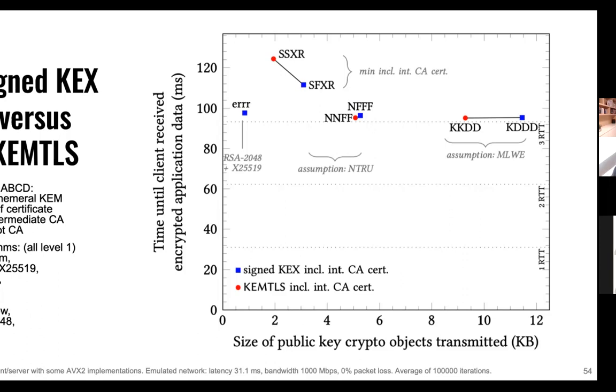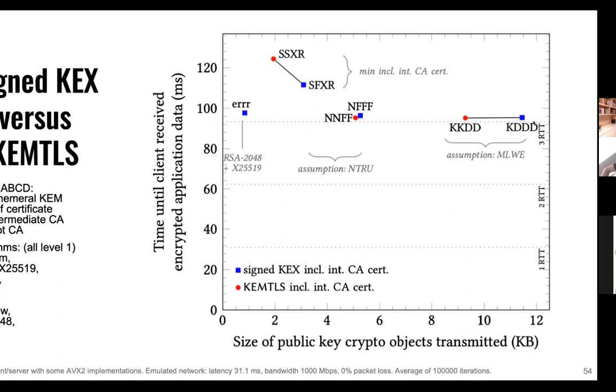So the baseline here is comparing against RSA 2048 as the server certificate, as well as CA certificates, and ECDH with X25519 as the ephemeral key exchange. Okay, so let's compare with one particular scenario where we're using module LWE for our cryptographic primitives.